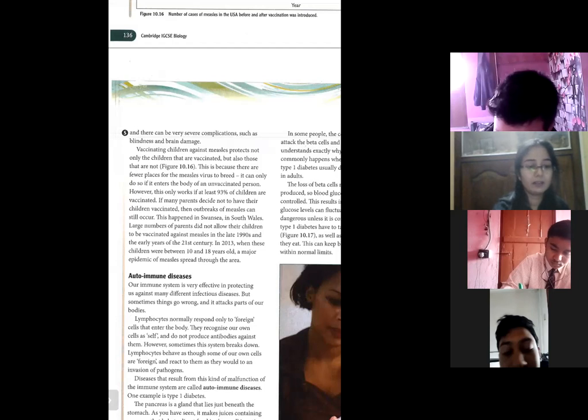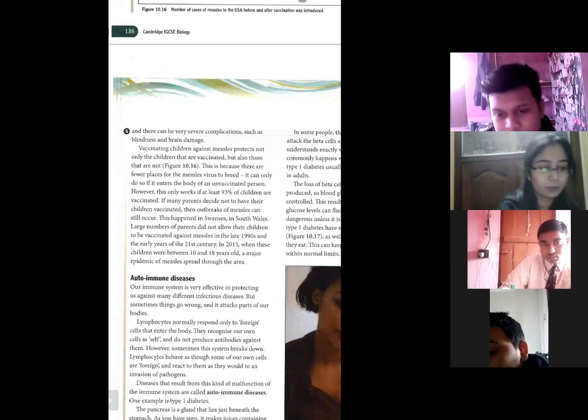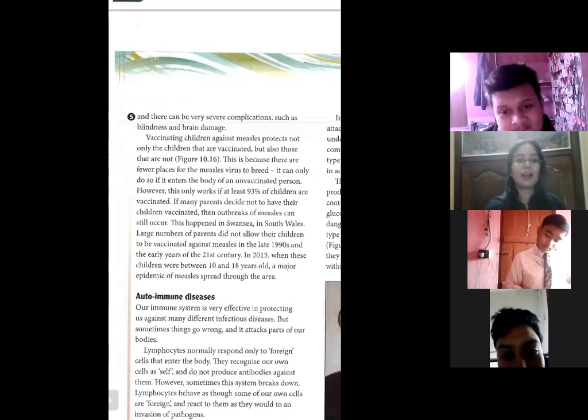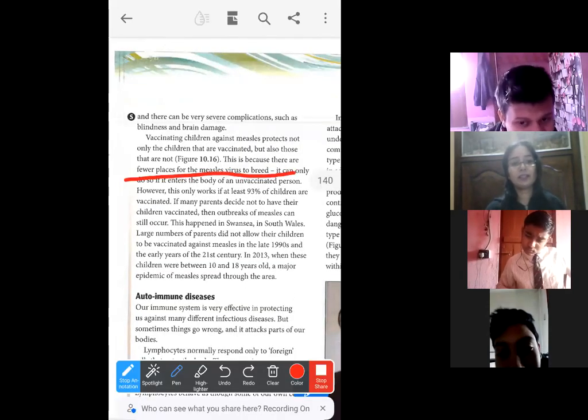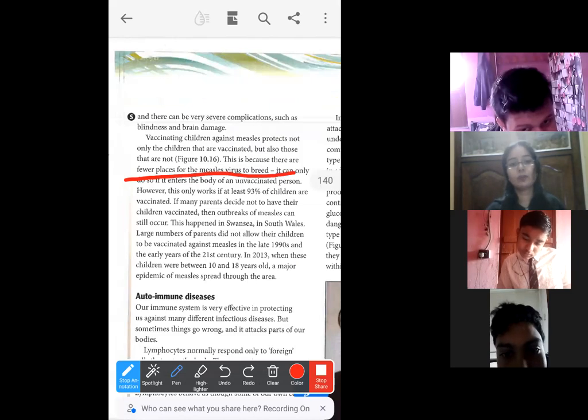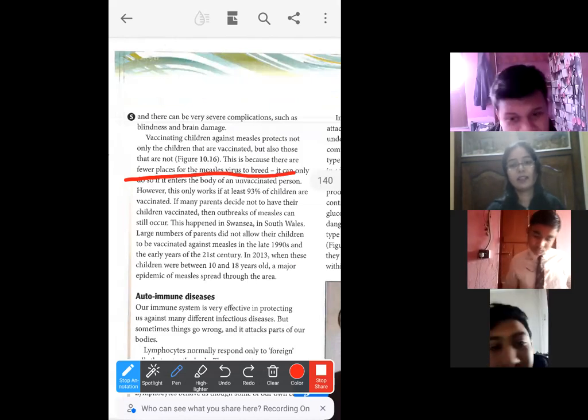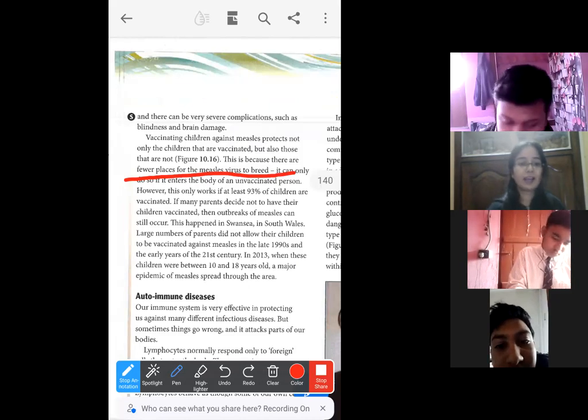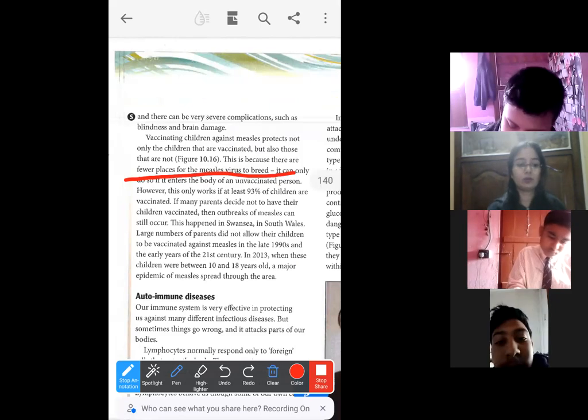I'm just marking this line. You can also write it from your book. As I have told you, it is written exactly in your book: as there are fewer places for the measles virus to breed. Then give a small hyphen as it is given in your book.